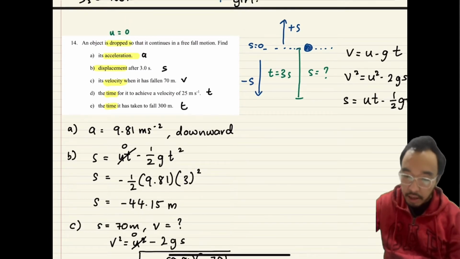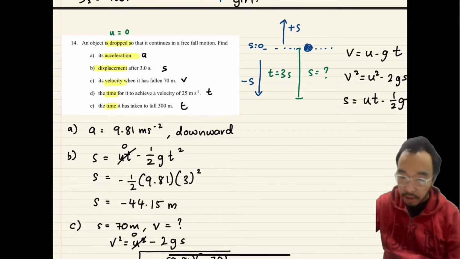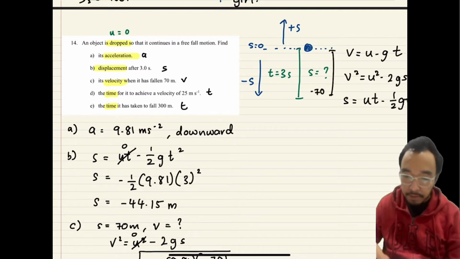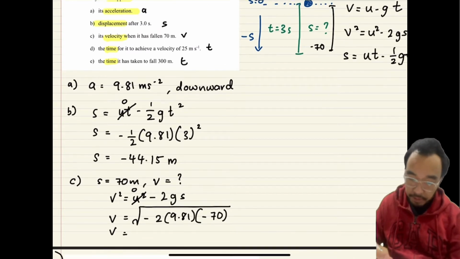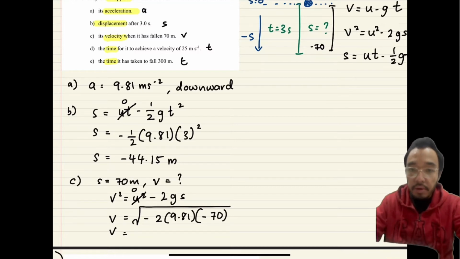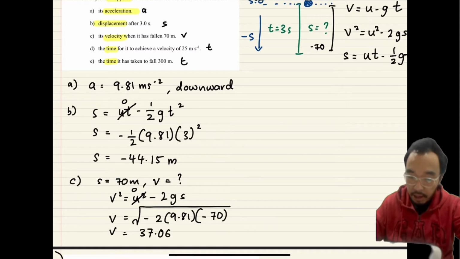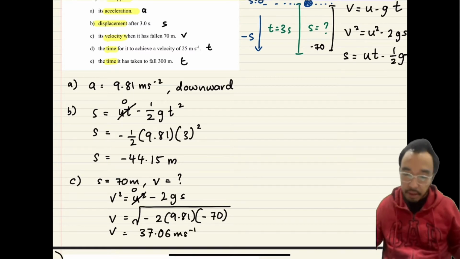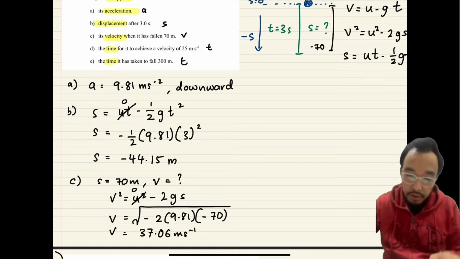So the 70 would be down here, right? So you should put negative 70. Okay, so press the calculator. The square root I got here is 37.06 m/s. Okay, that one is for question C.